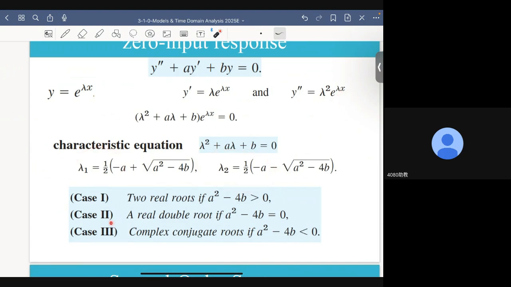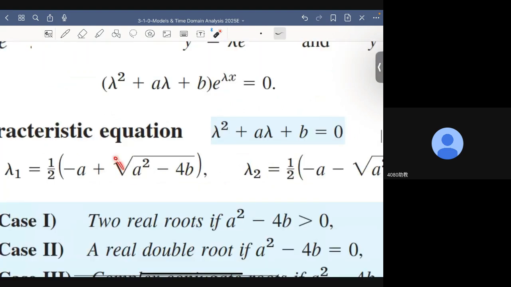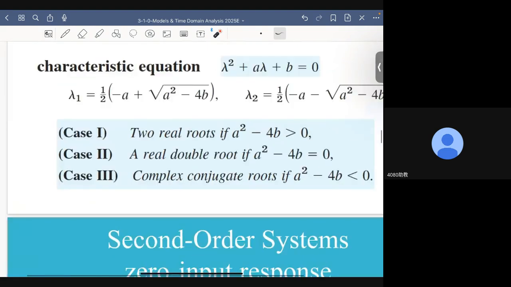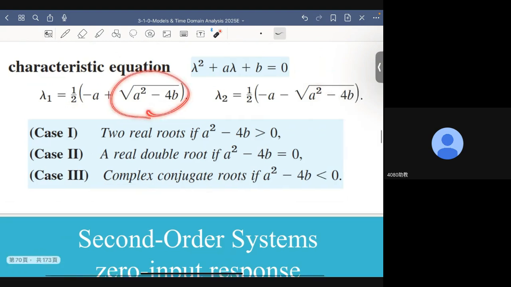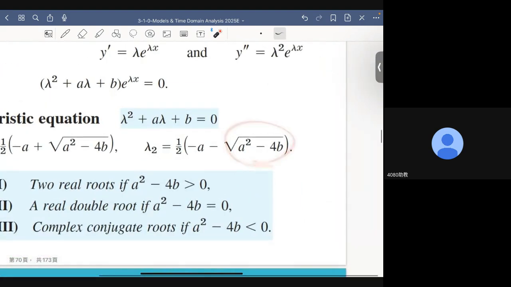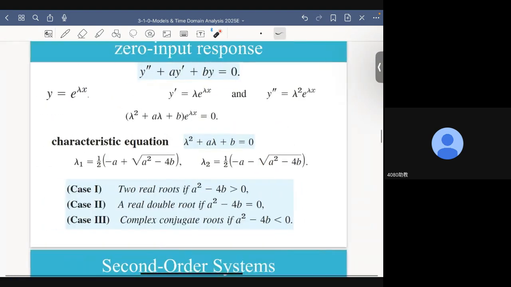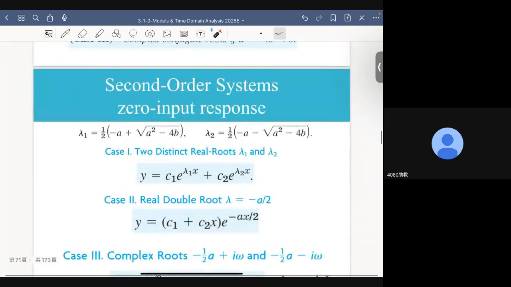So I have a pair of repeated roots. And case 3 occurs when a squared minus 4b is smaller than 0. Then what I have here is complex conjugate roots, right? Because what I have here is an imaginary number, all right? So I have 3 different cases.